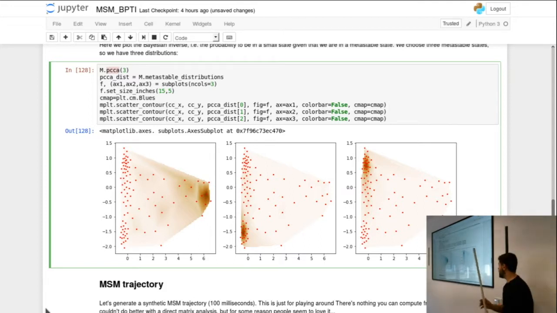And PCCA actually finds these states. So these are, again, my tICs, the first tIC, the second tIC, and voila, there is one state that is mostly where the well that was visited only a couple of times is, another one is centered around this well, and another one is centered around here.